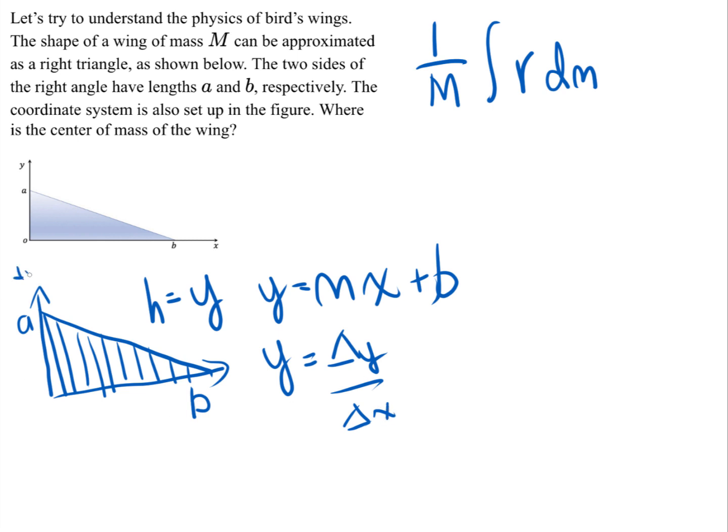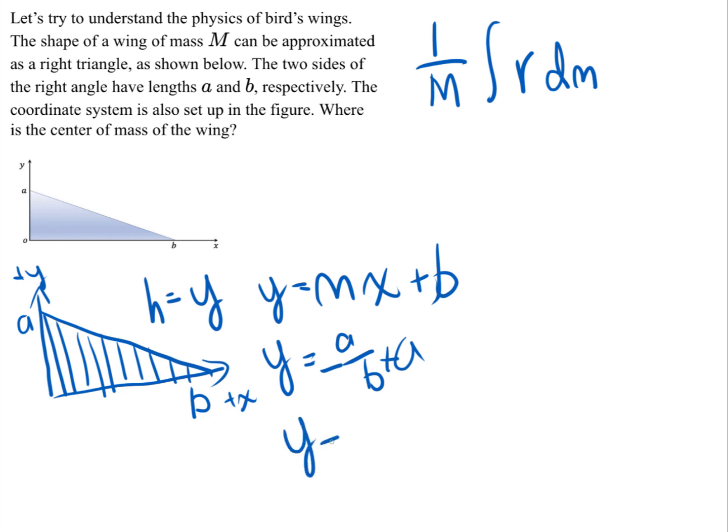If this is the y-axis and this is the x-axis, then the change in y over the change in x is simply going to be a over b, since your rise, or change in y, is a, and your change in x is b. And this is going to be negative because the slope is negative. And then, of course, the y-intercept is going to be a. It intersects the y-axis at a.